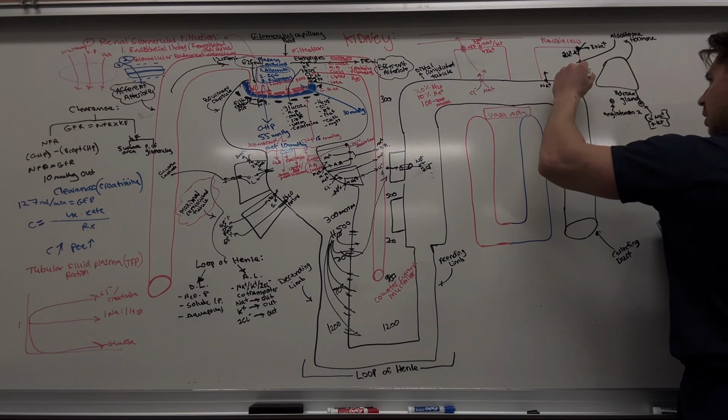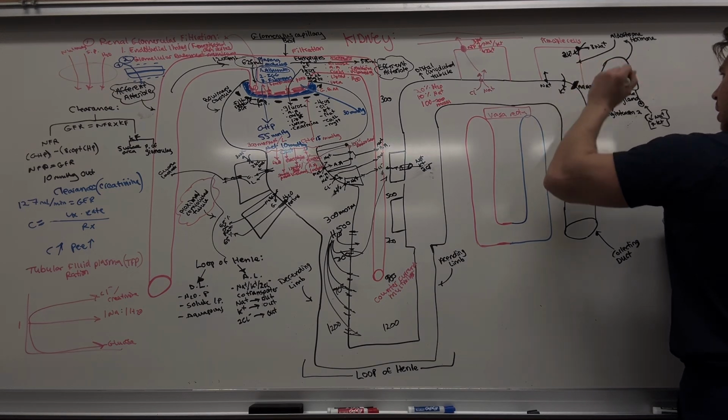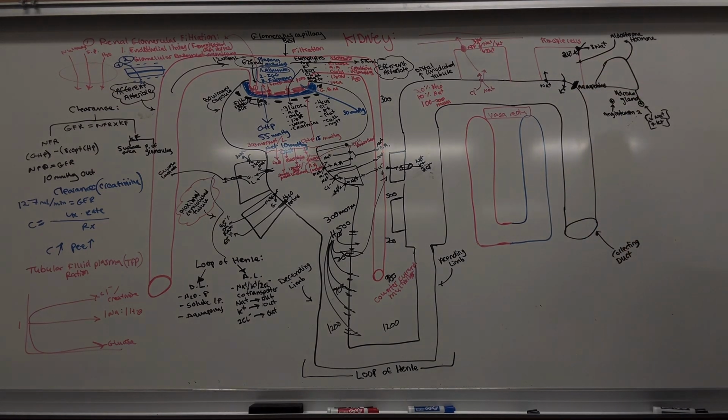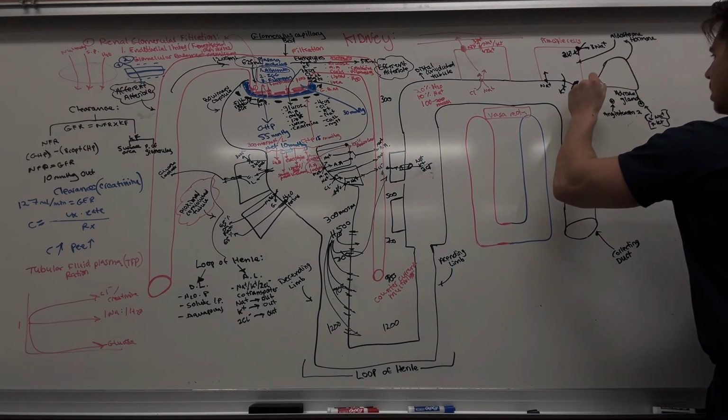And then we have these things called aquaporins that can get activated and allow water to come through. So this is one of our final steps of reabsorption that can occur. Okay, so we have reabsorption of water, and we know that ADH can stimulate that.